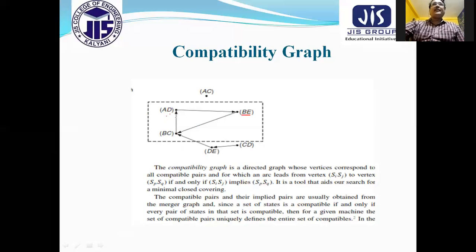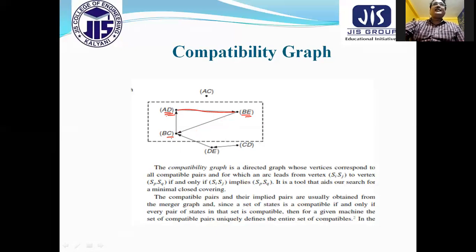Outgoing of this is BE, so it is present in this graph. Outgoing of this is ABC, which is present in this graph. Outgoing of AD is also present in this graph, and the incoming edges are also present. You can see incoming, incoming, incoming: all the incomings are present.